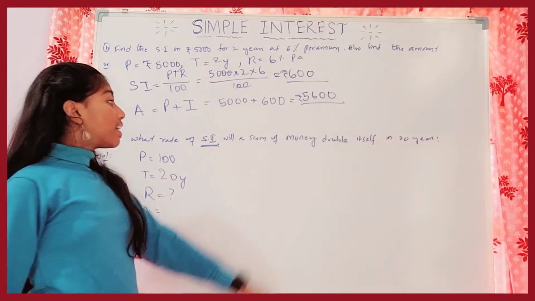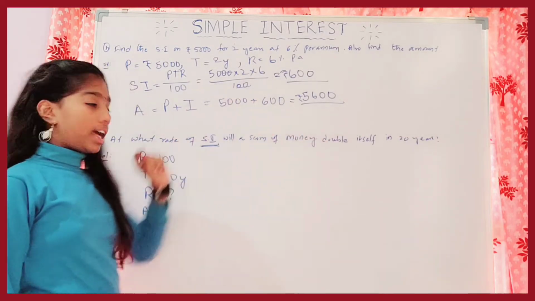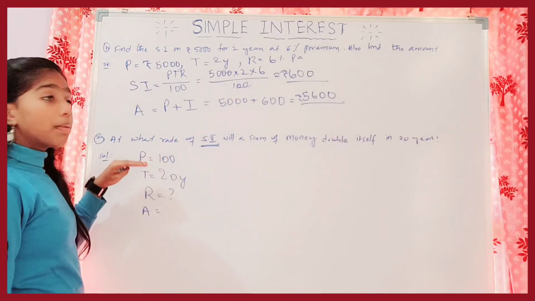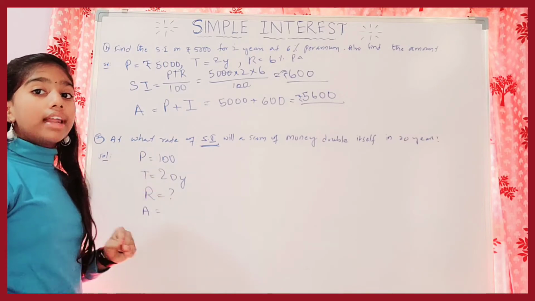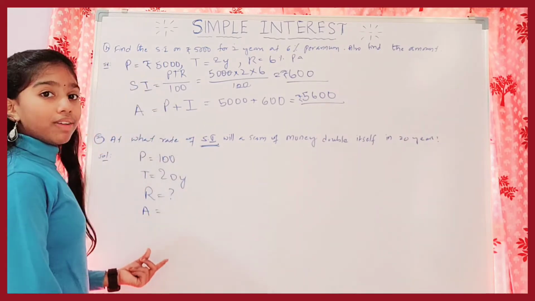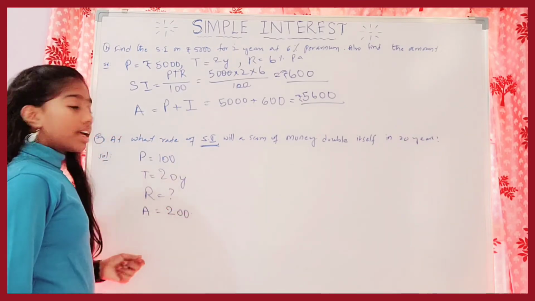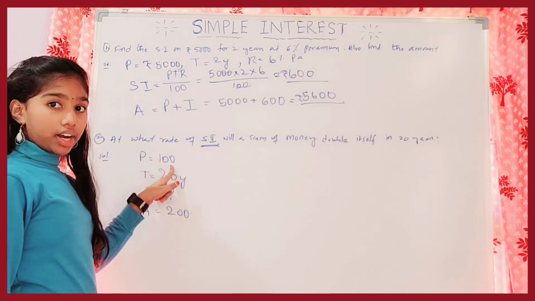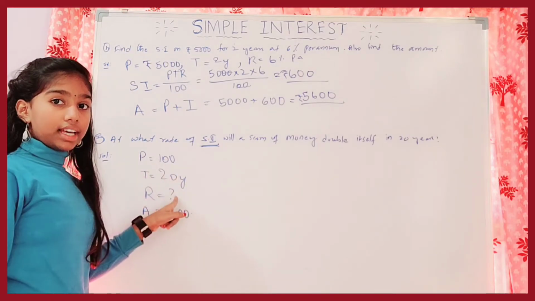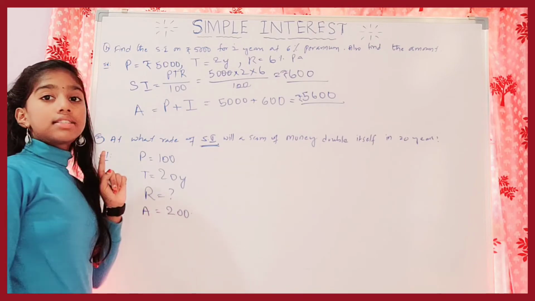They told that the money is doubled. Then the principal is 100, and when 100 is doubled, it becomes 200. Then the amount will be 200 rupees. Here the principal is 100, the time is 20 years, the rate we don't know, and the amount is 200.